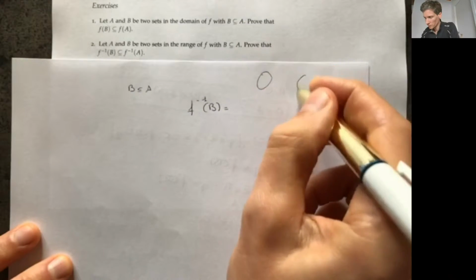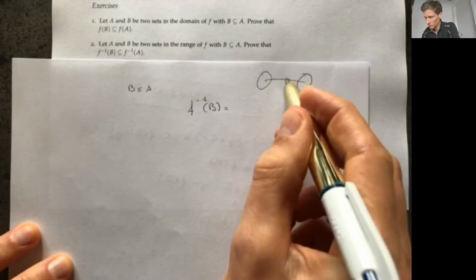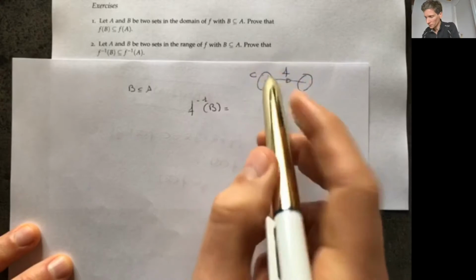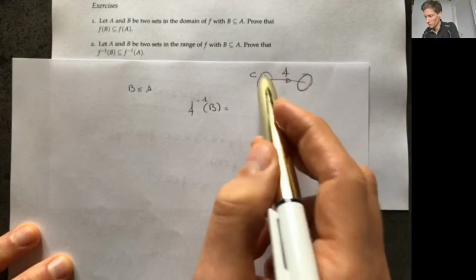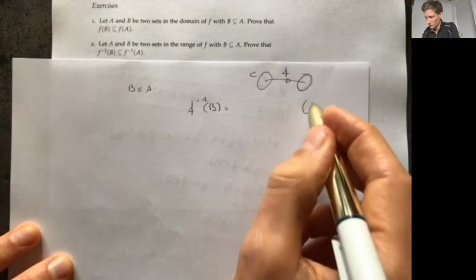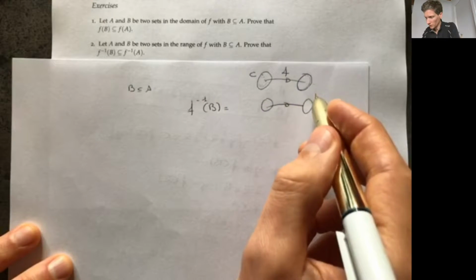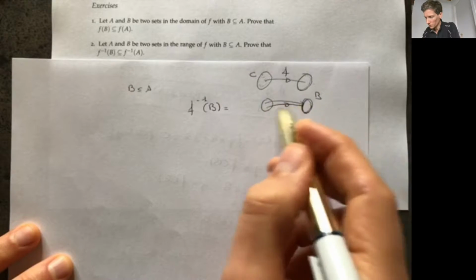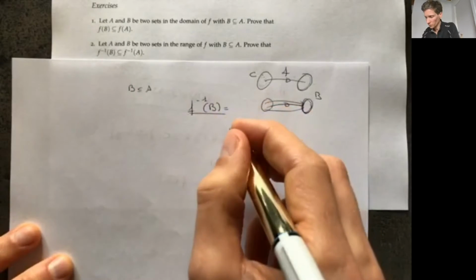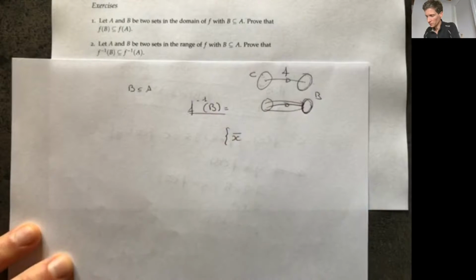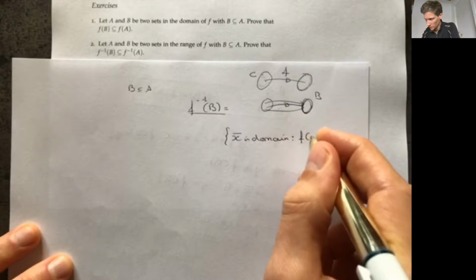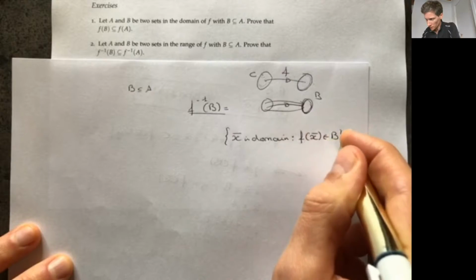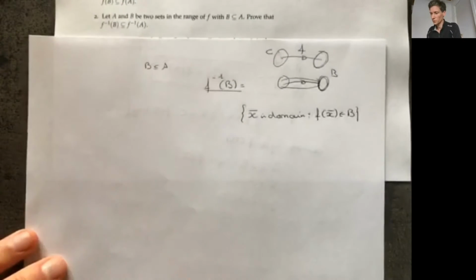If we have the domain and the range of f, then f of C is everything that is taken up by f of x for some value x in C. If you have the same mapping, and here B is in the range, then everything that maps to B is in f minus 1 of B. So f minus 1 of B is the set of all the vectors x in the domain such that f of x is in B. That's basically what this notation means.